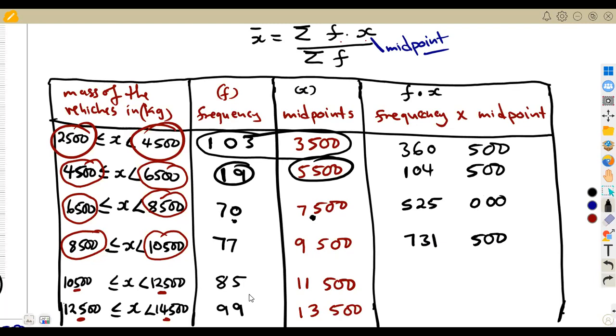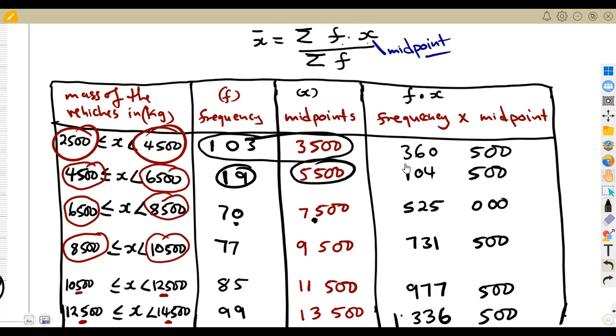You do the same thing: 85 times 11,500 is going to give us 977,500. So these are big values. Anyways, you multiply the last, 99 times 13,500. This was going to give us 1,336,500. Okay, so that's it.